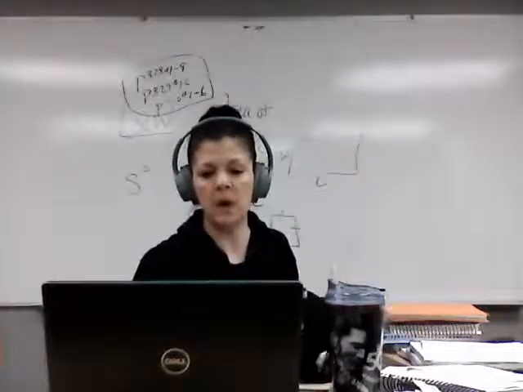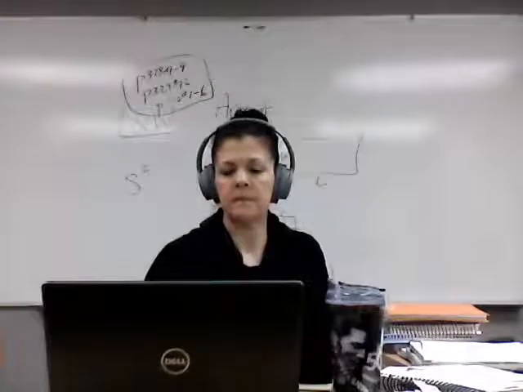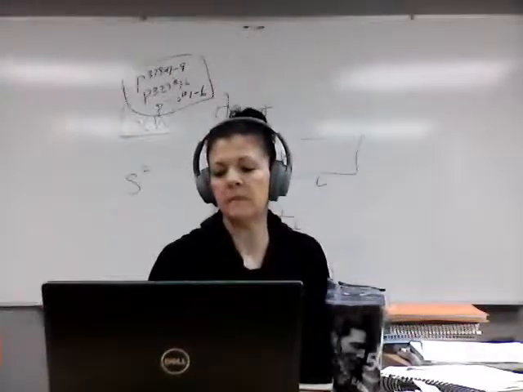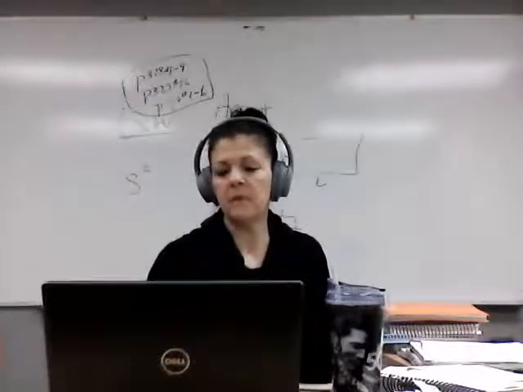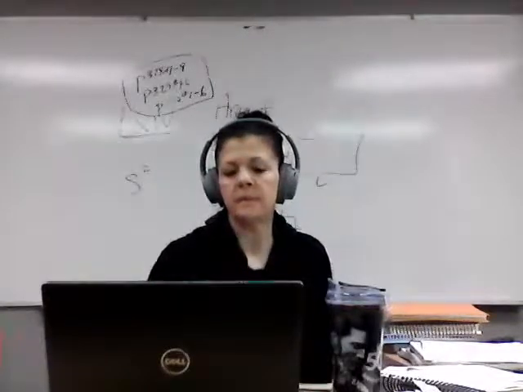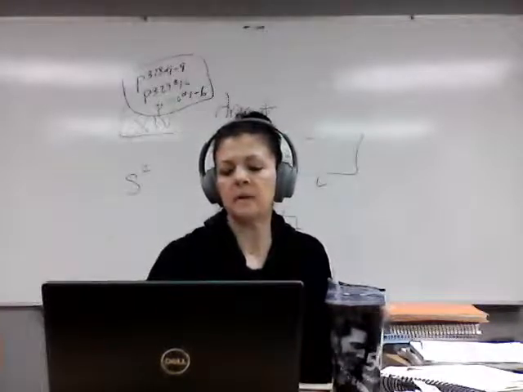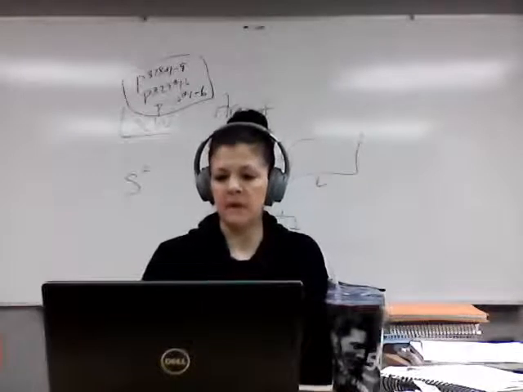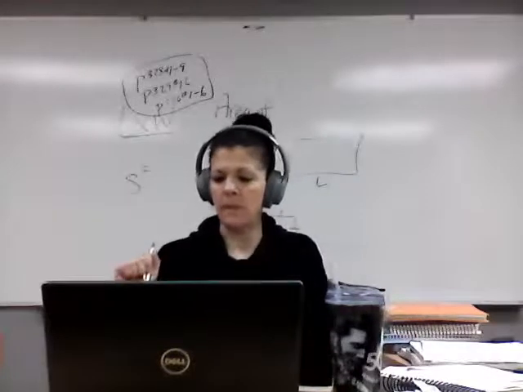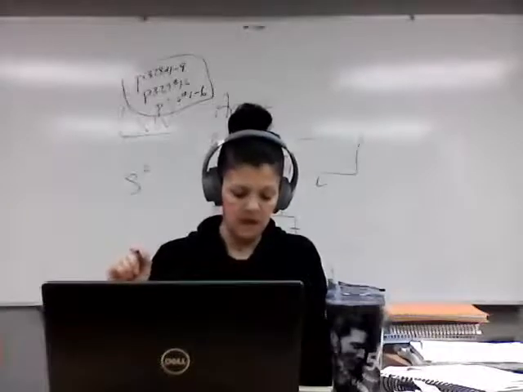What's your y2? 5 minus 0 over 0 minus -5, so it's 5 over 5. Your rise is 5, your run is 5, and your slope is 1. Got it? Good. All right, number 6.